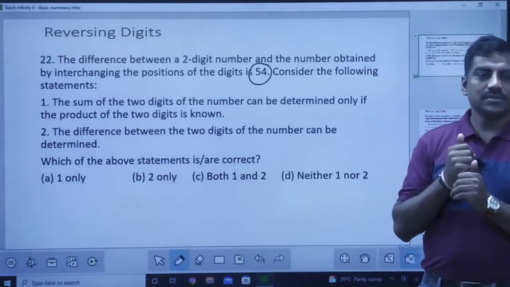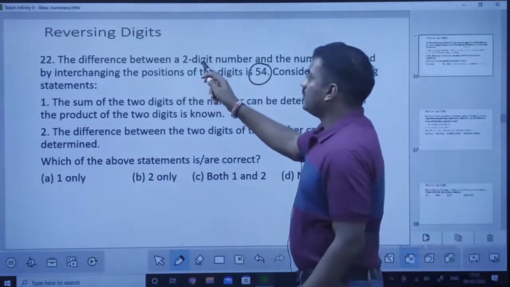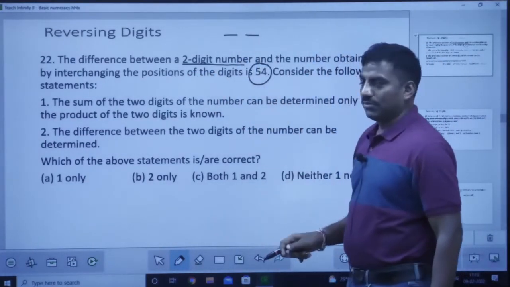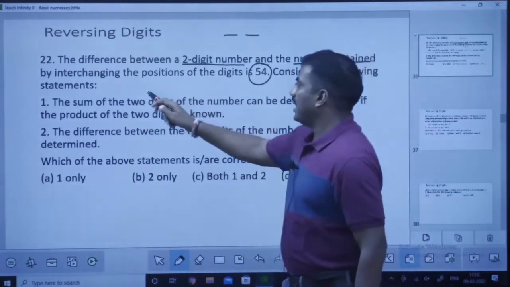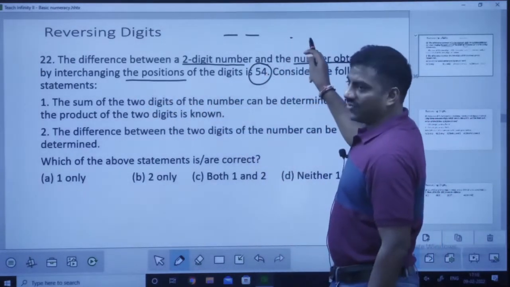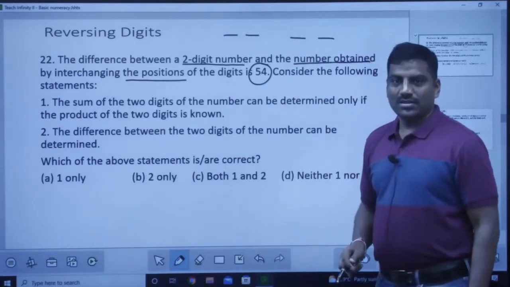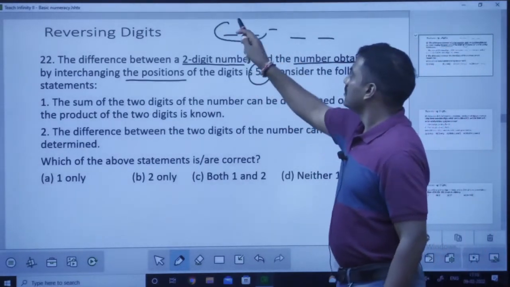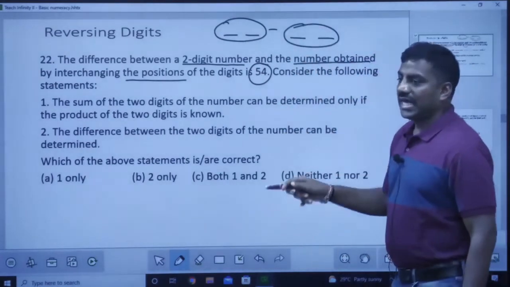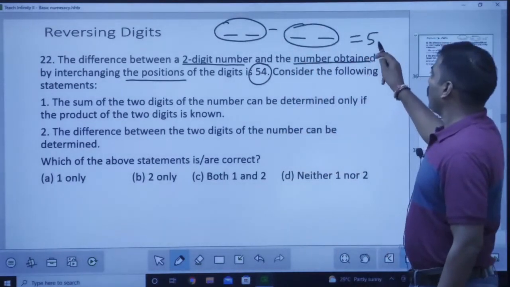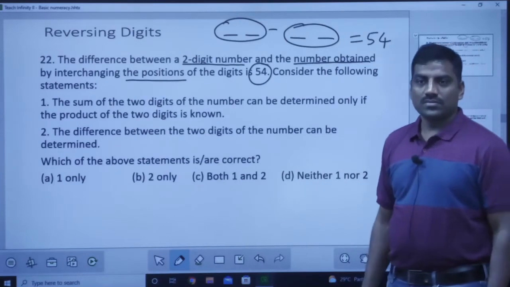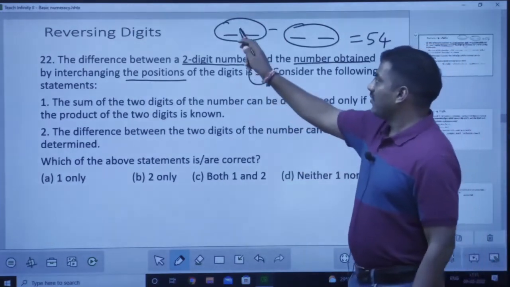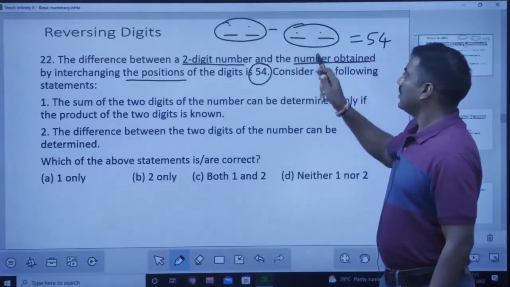They have already taken one 2-digit number and the number obtained by interchanging the position, that is the reverse of it, and they are telling that their difference is 54. I am asking, what is the difference between these digits?